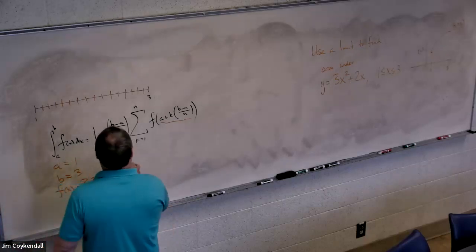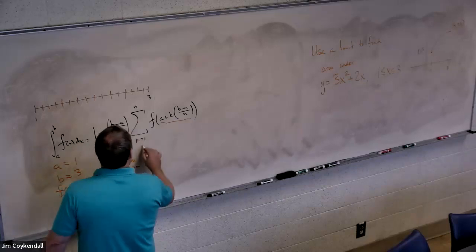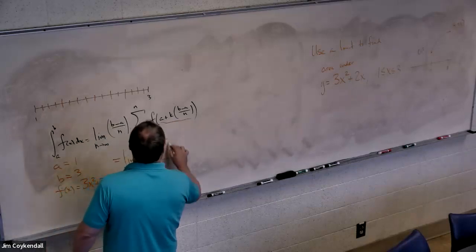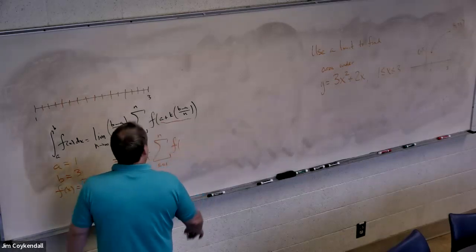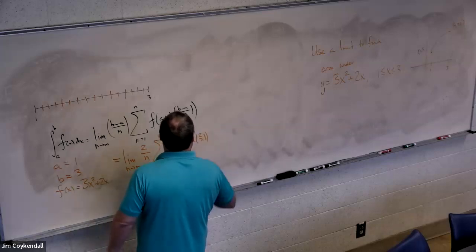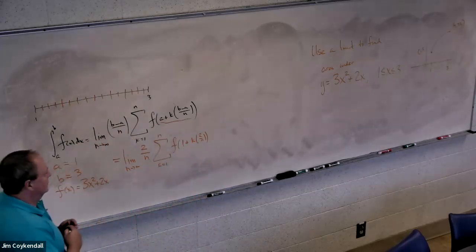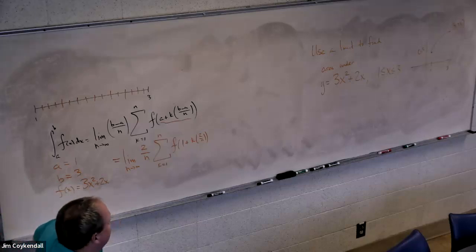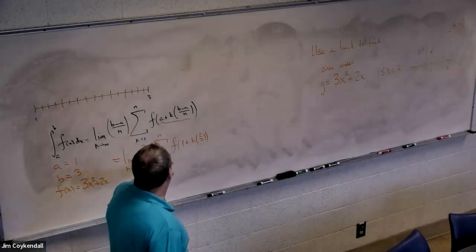So let's see what this translates to. The limit as n goes to infinity. B minus A is 2 over n. Everybody follow that? Now, I need to do the function thing.